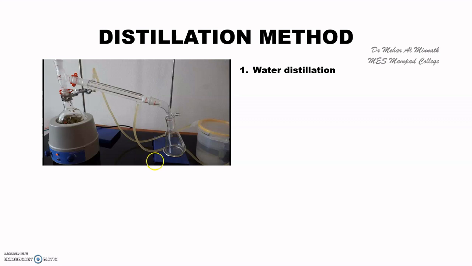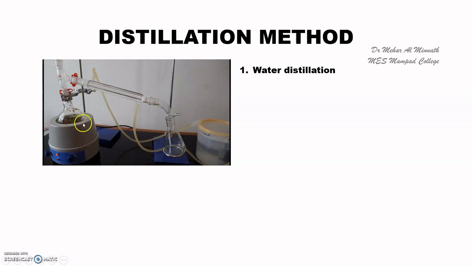Now in water distillation, the plant material is completely immersed in water in the RB flask, and this is boiled using the heating mantle. So there is direct contact between the boiling water and the plant material.